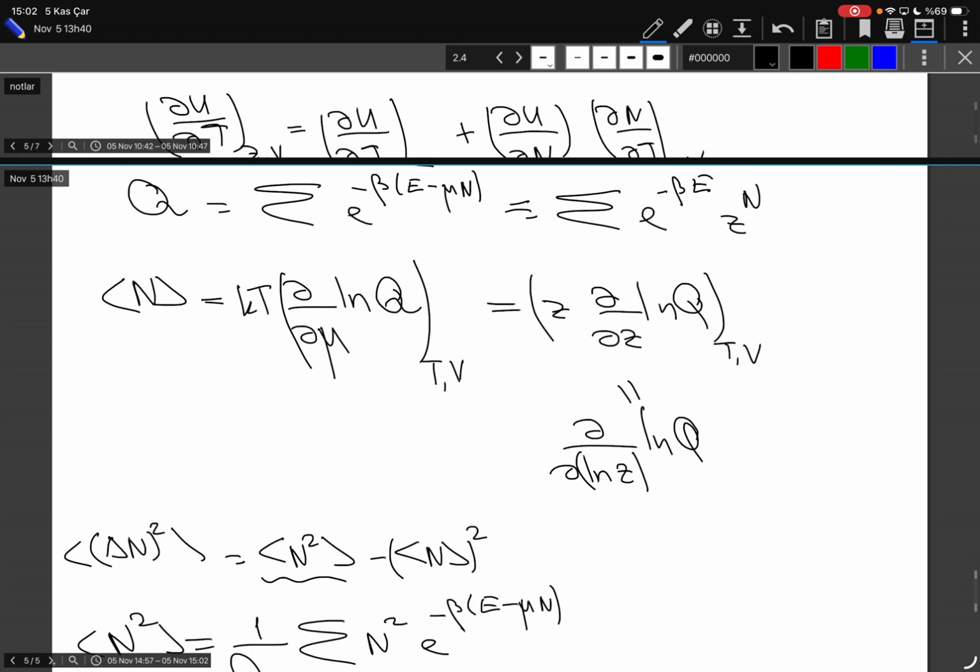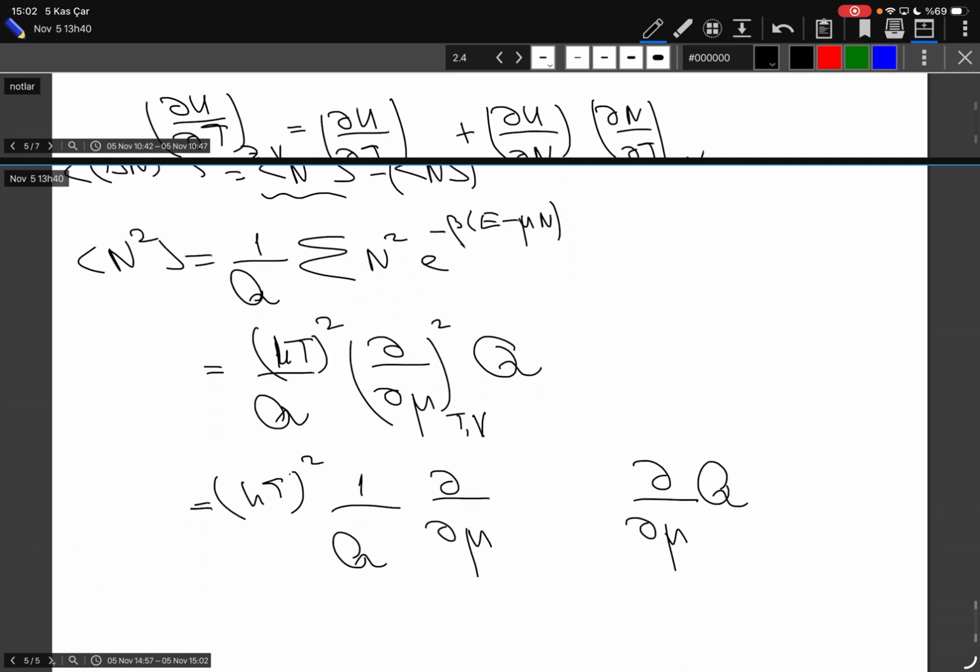I would like to somehow relate this expression to n rather than the q, because once I relate everything to n, get rid of the q, the rest is thermodynamics. Thermodynamics allowed me to go from one thermodynamic derivative, express it in terms of other thermodynamic variables, so that's what I'm aiming at. I would like to express all of these not in terms of the partition function, but in terms of thermodynamic properties. That's what I'm looking for, if possible. But to do that, I have to divide this by q.